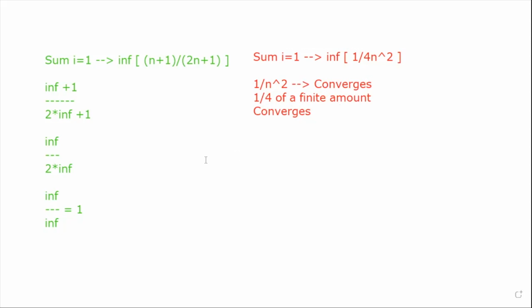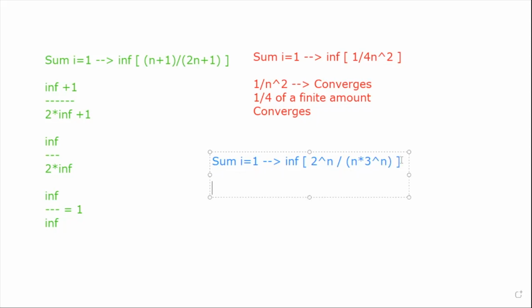Okay, finally, we're going to take a look at one final series. This series is, of course, the sum from i equals 1 to infinity of 2 to the power of n in the numerator, and in the denominator, n times 3 to the power of n.